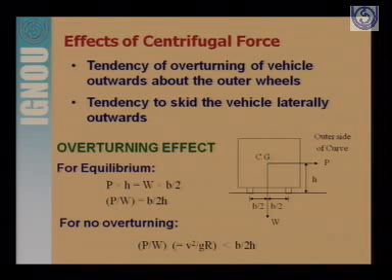Though you have cautioned the driver, still it is not directly in our hand to control the speed of the vehicle here. But the other factor which is directly in our hand while designing the road is R. So the radius of the curve can be chosen so as to keep this V square upon GR well within the limits of B upon 2H.